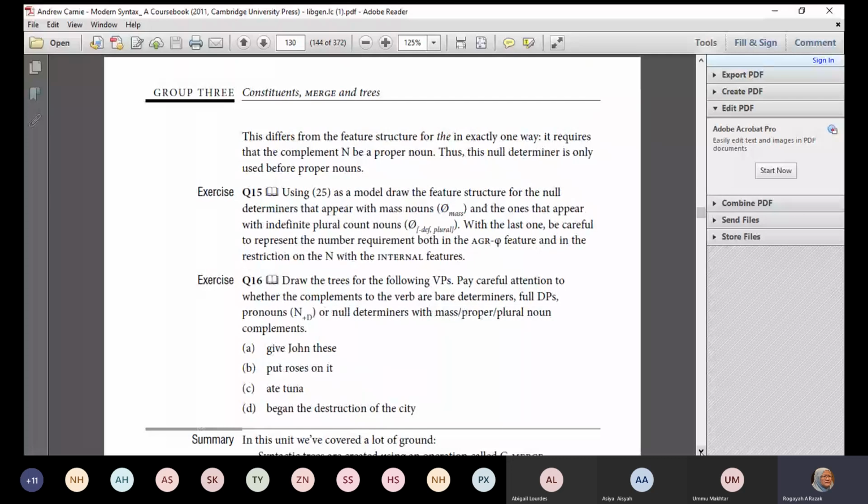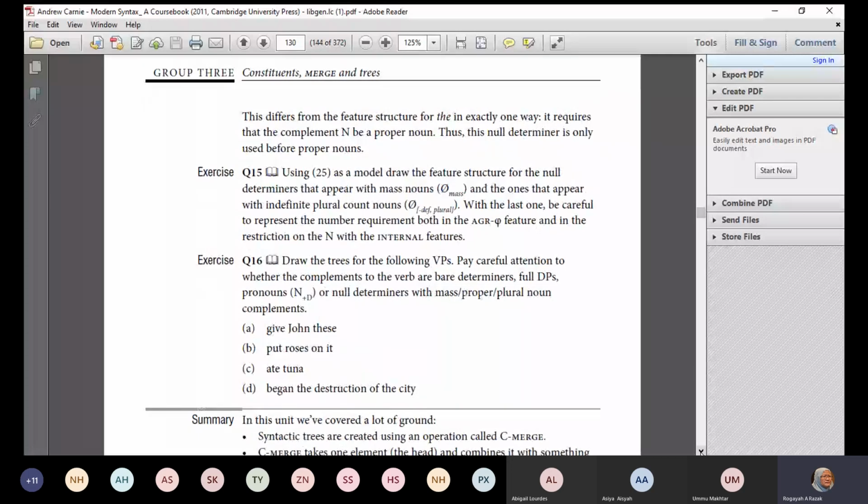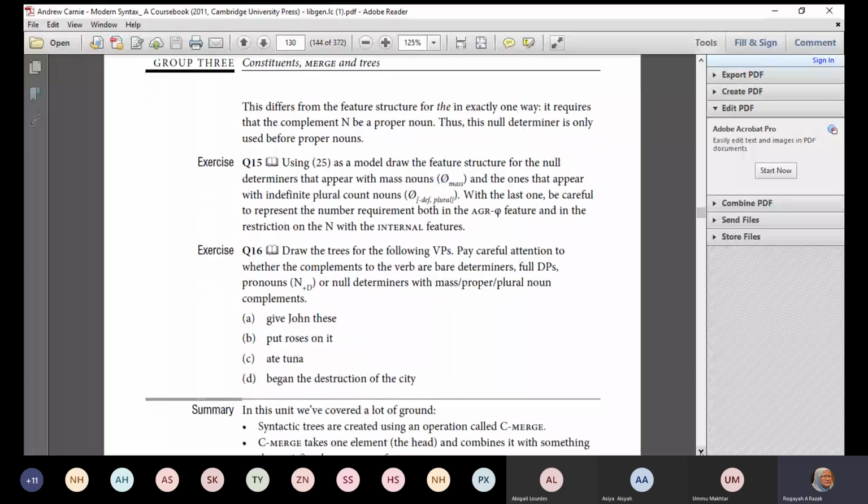Alright. Time is running out. I'm just going to go straight to movement. Oh, where is movement? Did I jump movement? Okay. Complement, case study. A little bit more. Let's go to page 156, which is unit 14, specifiers.